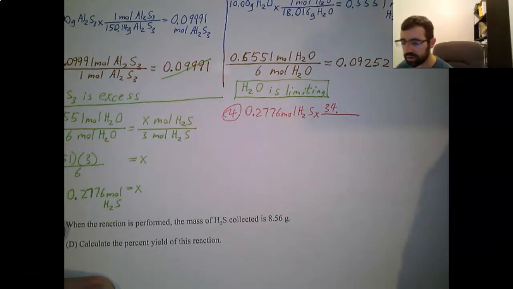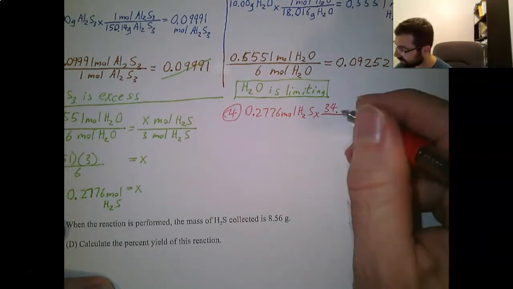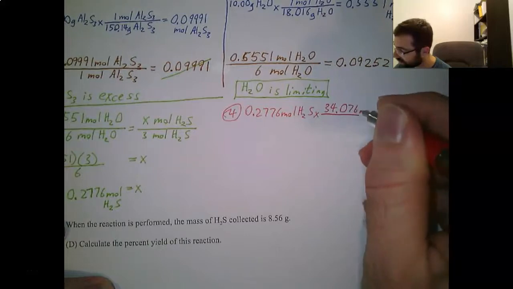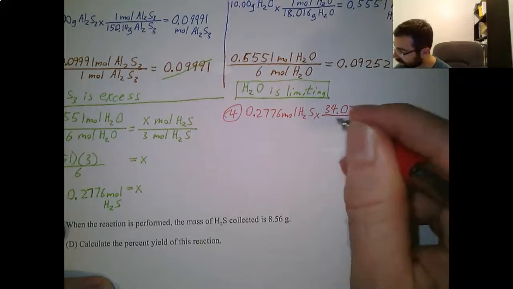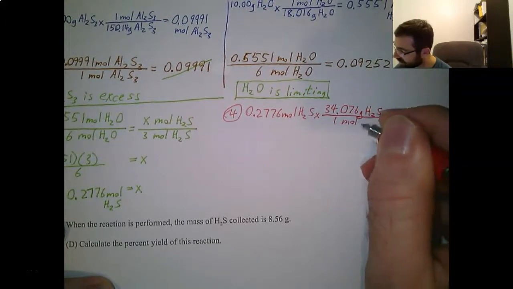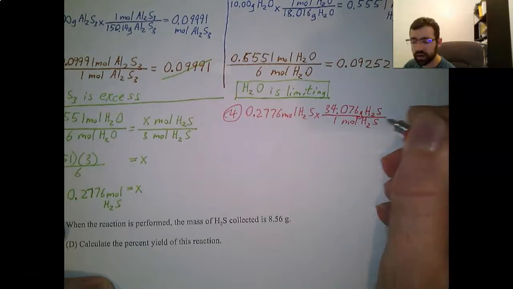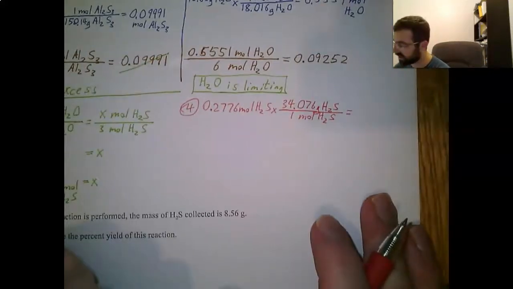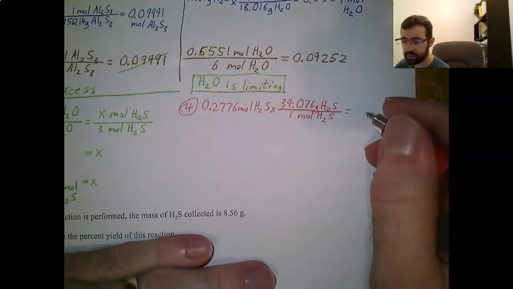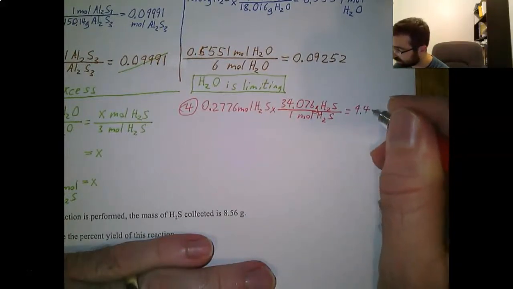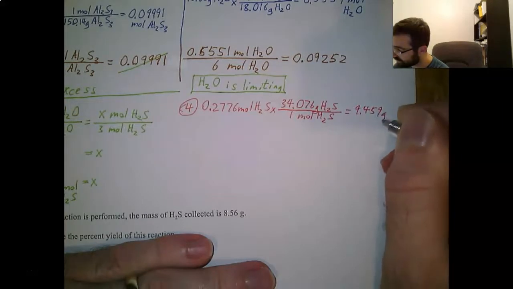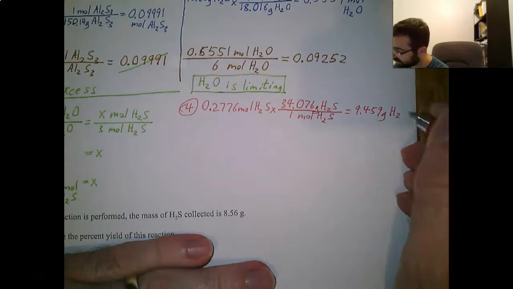It's 34.076 grams of H2S over 1 mole H2S. And then you should get something like 9.459 grams of H2S. All right, we just answered part B.